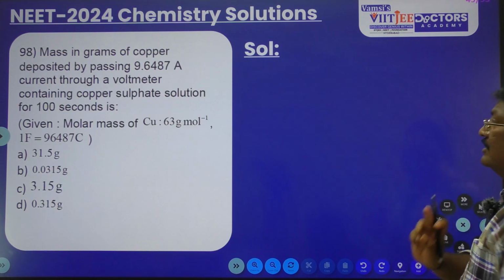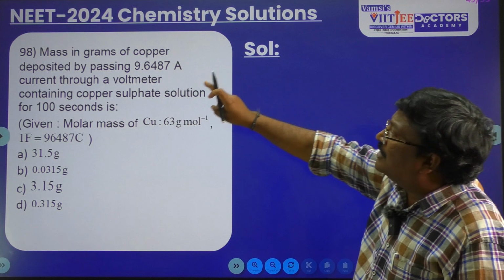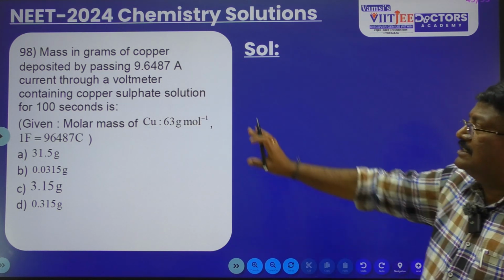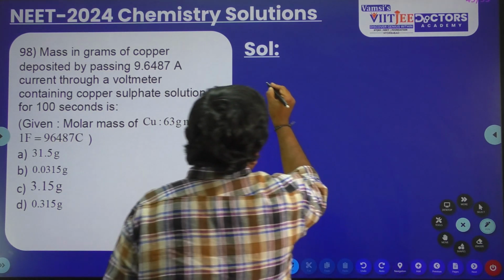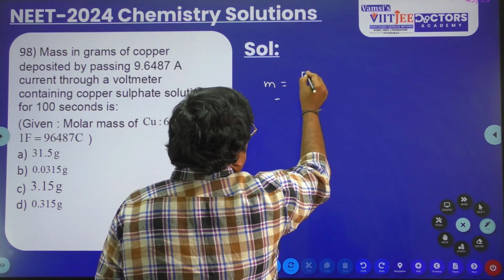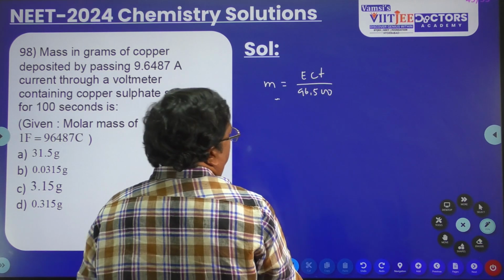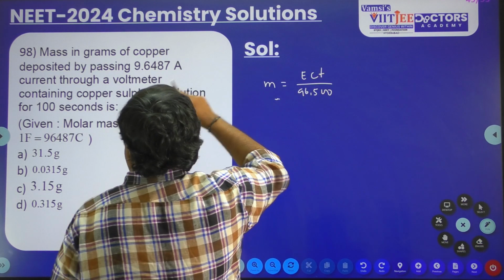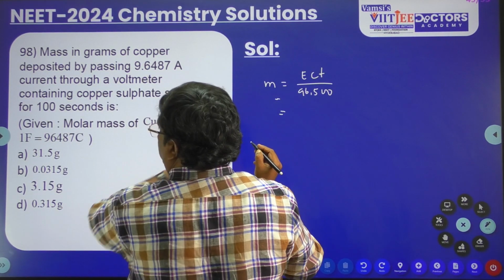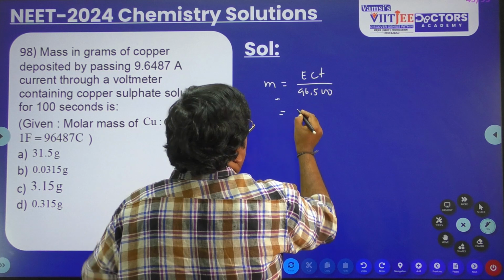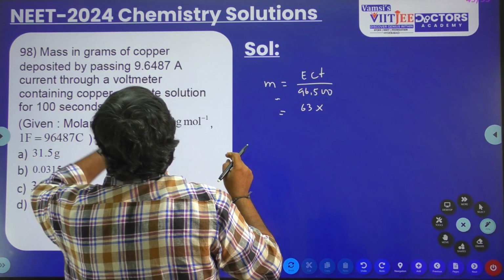And later 98. The mass in grams of copper deposited. It is a question based on the first law of Faraday. Here M equals E C T by 96,500. Here the values are given. The atomic weight of copper is given as 63, and the electric current is given in amperes.